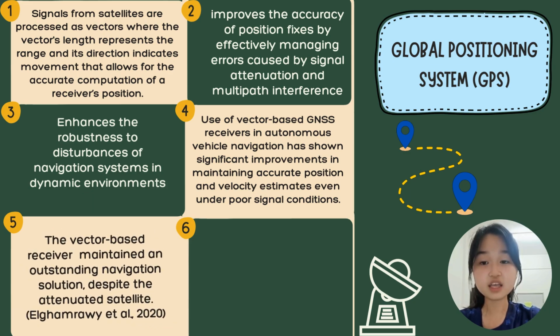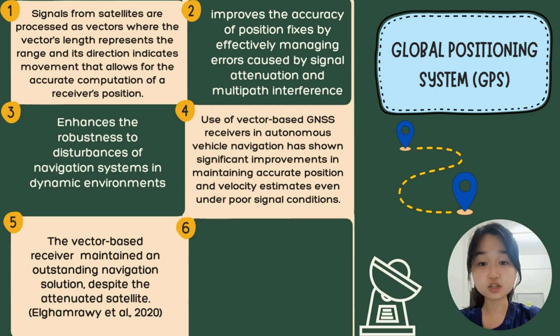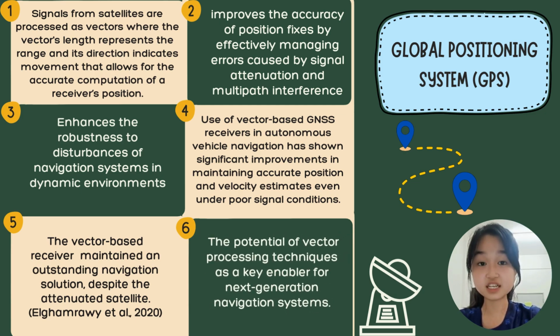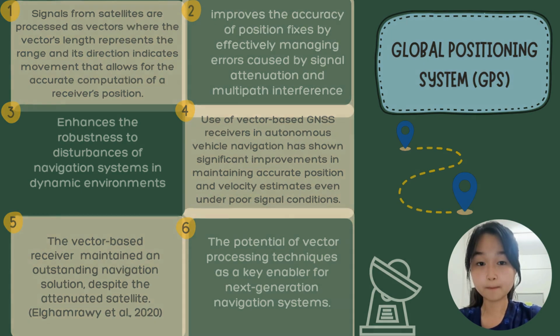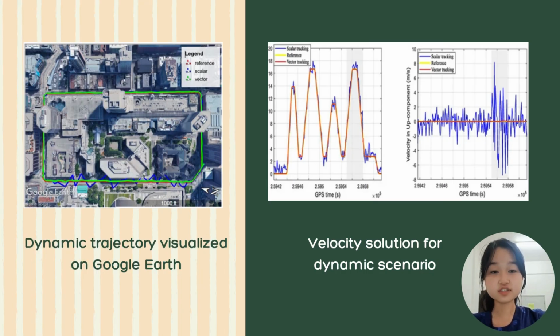As reported by Ilham Ravi et al., 2020, the vector-based receiver maintained an outstanding navigation solution despite the attenuated satellite. These developments highlight the potential of vector processing techniques as a key enabler for next-generation navigation systems. The first figure shows the navigation solution of the scalar and vector-based receivers compared to the reference baseline on Google Earth.